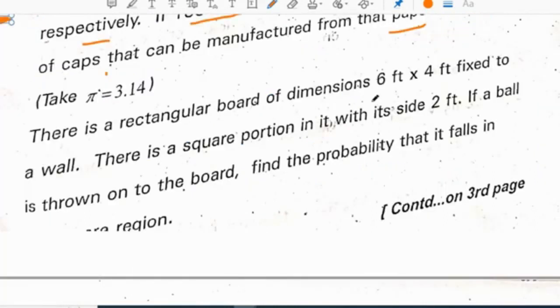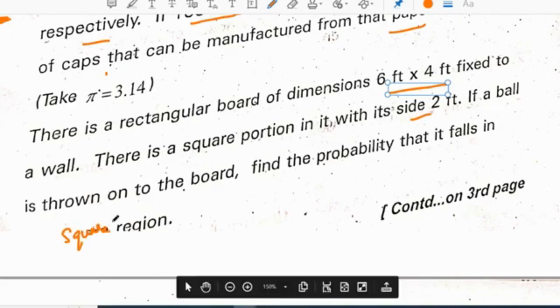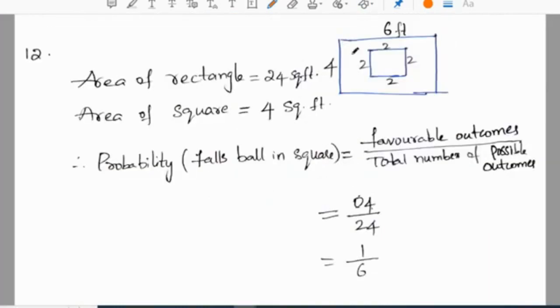There is a rectangular board of dimension 6 feet by 4 feet fixed to a wall. There is a square portion in it with its sides 2 feet. If a ball is thrown on the board, find the probability that it falls on the square region. So we'll take a diagram. There is a rectangle with measurement 6 feet and 4 feet, and there is a square in between the rectangle which is of side 2 feet by 2 feet.